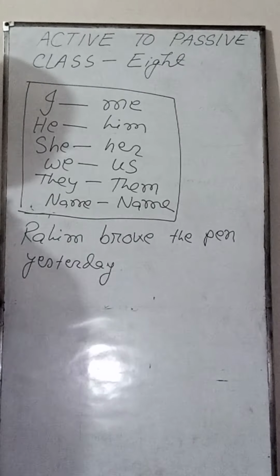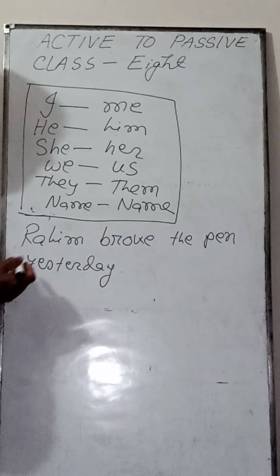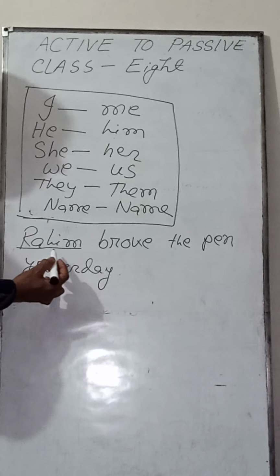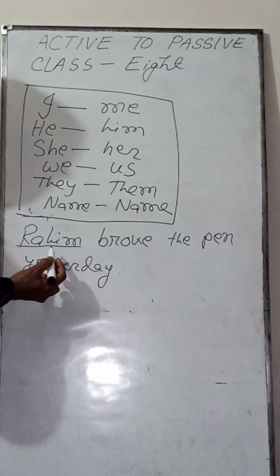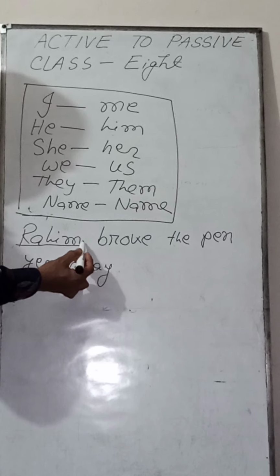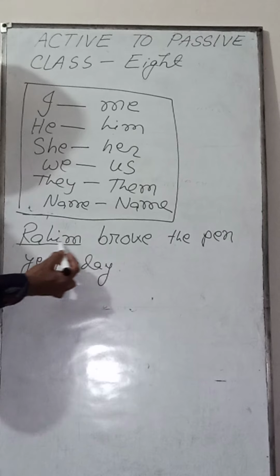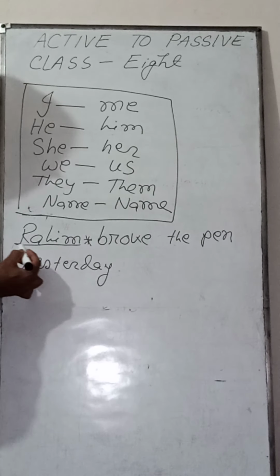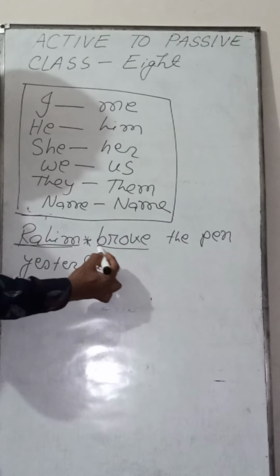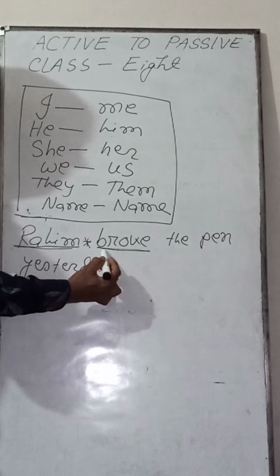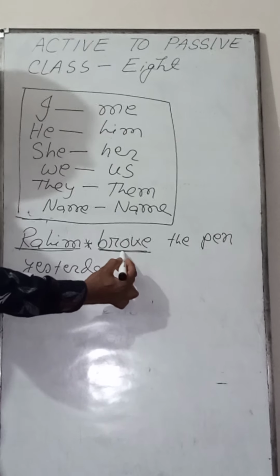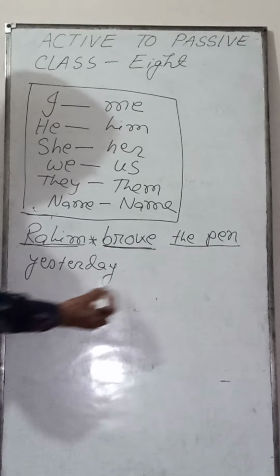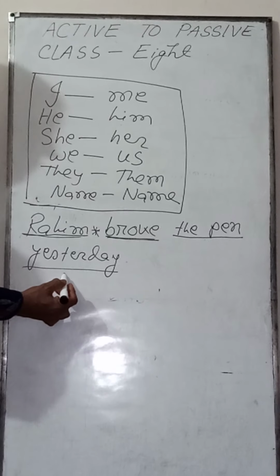If you go to the structure of the sentence, you see Rohim is the subject. But generally, an auxiliary verb takes place after the subject. But here, there is no auxiliary verb. Rohim broke. Break, broke, broken. This is the past form of the verb break. The pen is the object, and yesterday is the extension.